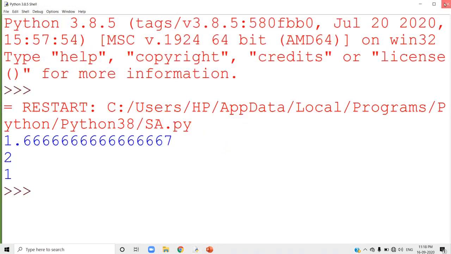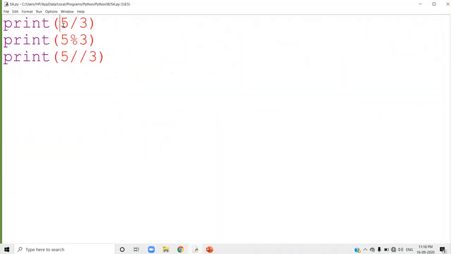One more example I'll try out here. Instead of 5, I am going to write 15 in all three places. Can you say the answer without running this program? Just say the answers one by one. First case, 15 divided by 3. 15 divided by 3 means 5 times. 5 threes are 15.